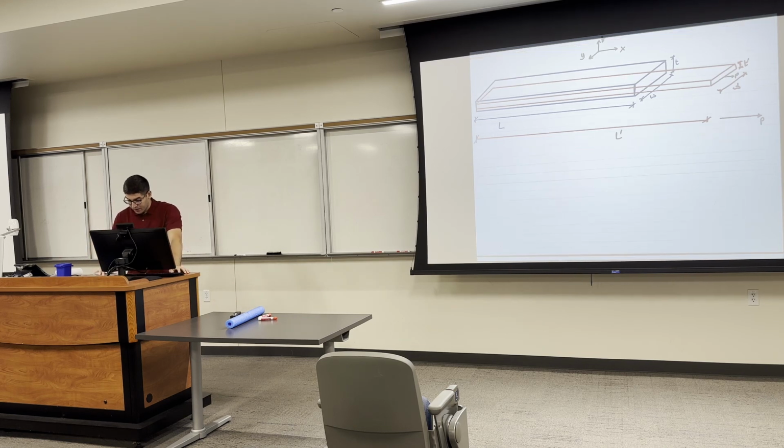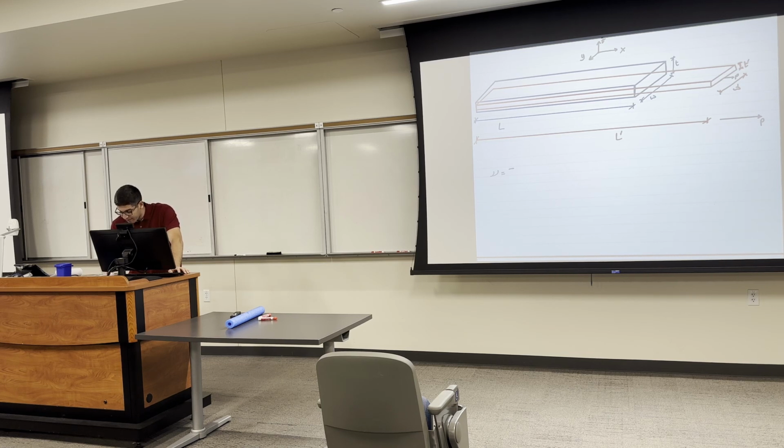So again, the Poisson's ratio equation still holds: Poisson's ratio is equal to negative lateral strain over longitudinal strain. So what is the lateral? I can work with either the W or T. I will show you now.